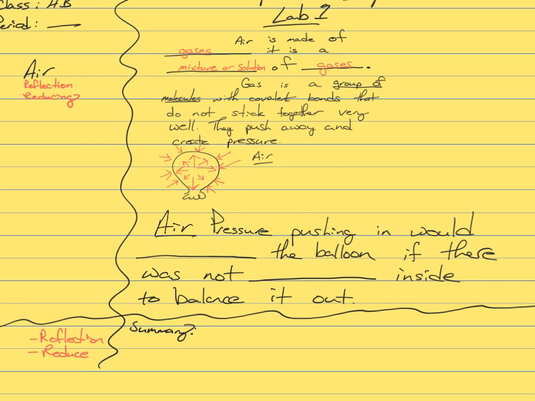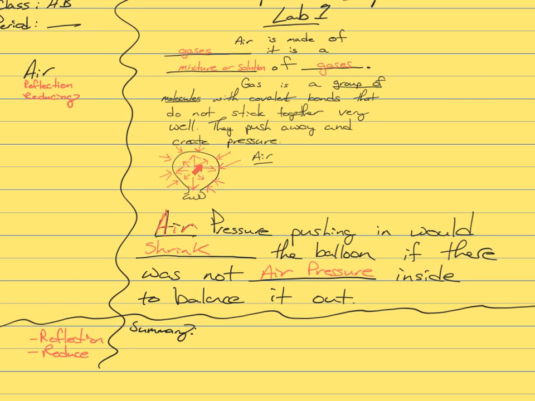Air pressure pushing in, let me write it in red so you see, would collapse or shrink the balloon if there was not air pressure inside to balance it out. So the air pressure on the outside would make the balloon get smaller if there wasn't air inside pushing out.